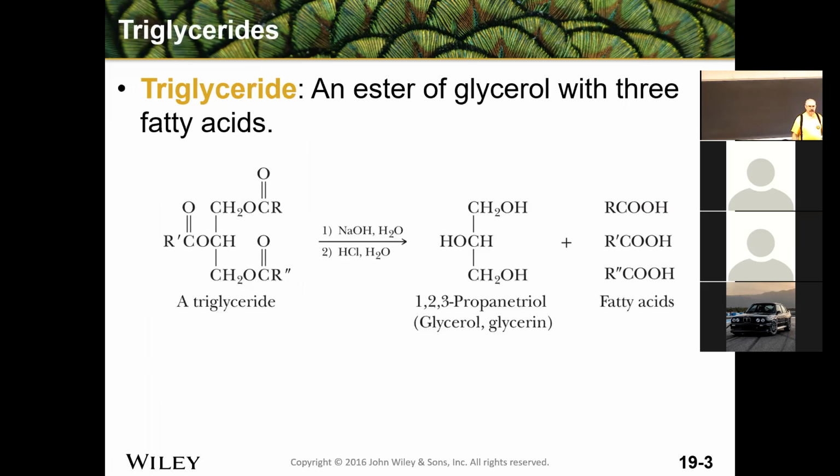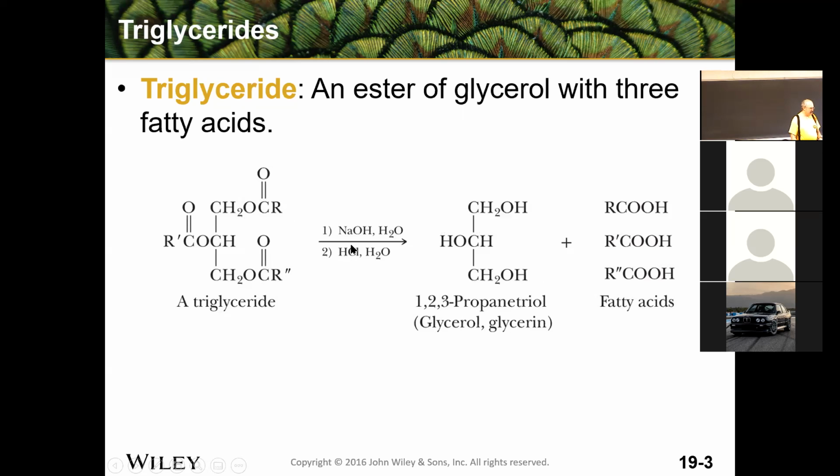Okay, we'll start off by looking at triglycerides. These are fats or oils. A triglyceride is formed when we start with glycerol, which is 1,2,3-propane triol, and we form esters at each one of the alcohols with these fatty acids.